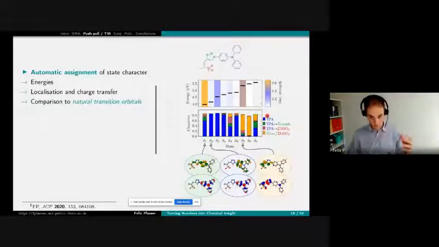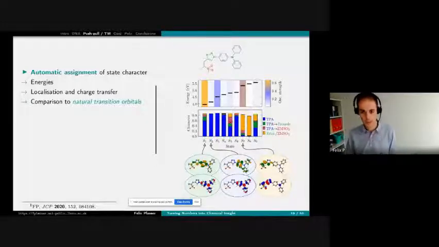And down here we compare to the natural transition orbitals. For example, we can see the first state has a big contribution on triphenylamine and goes a bit into the other acceptor group. So this is represented here. The first state is mostly blue, but it also has some green, which refers to the triazole.